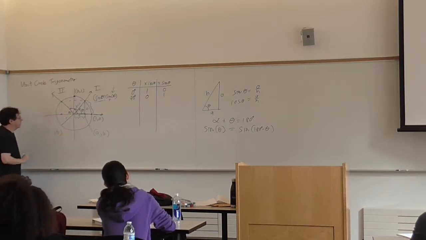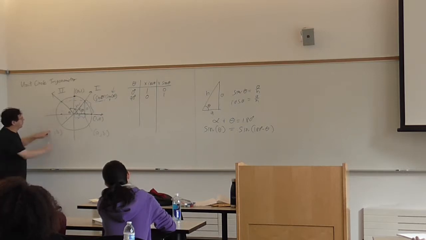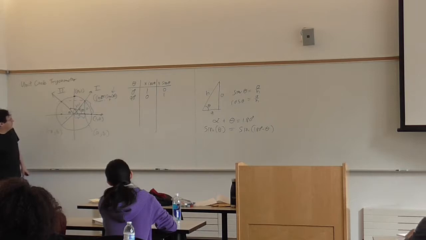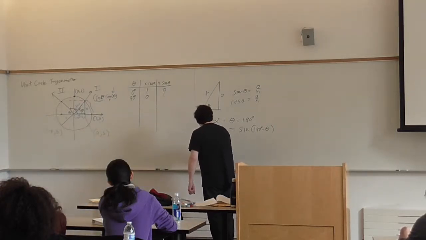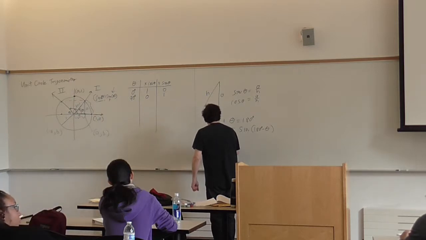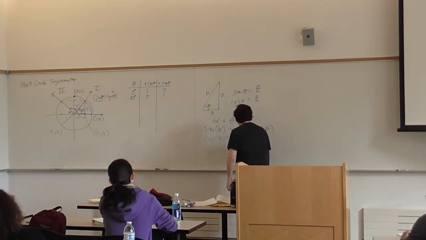It's still B. What's the x-coordinate? Negative A. Okay. Who said that? Thank you. Well, that tells me that the cosine of theta is equal to the minus cosine of its supplement.